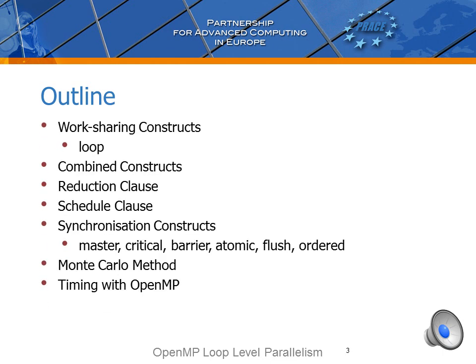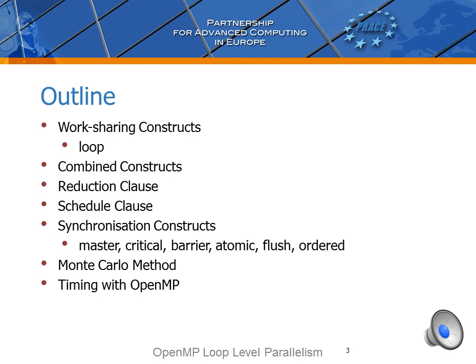In this presentation, I will be talking about the topics listed in the outline. We will mainly focus on the parallelization with the loop construct. First, I am going to define the loop construct and talk a little bit about how to combine this with the OpenMP parallel construct. Then, I'm going to describe a couple of common OpenMP clauses, such as reduction and schedule.